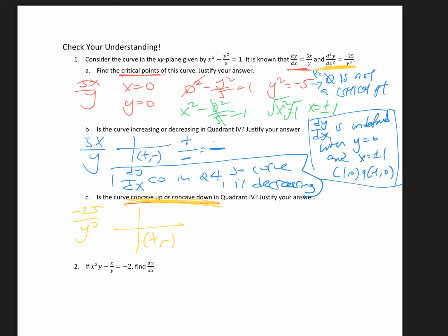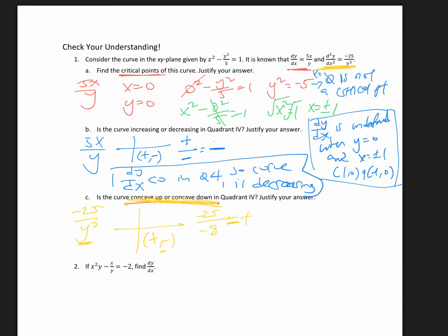In this case, I don't have to plug in anything for x. I'm just plugging in for y. So I have negative 25 over y cubed. I know my y is going to be negative there. So let's say negative 2. Negative 2 cubed is going to be negative 8. So I have a negative over negative, which equals positive. So the conclusion is that my second derivative is going to be positive in the fourth quadrant. Therefore, my graph is going to be concave up.